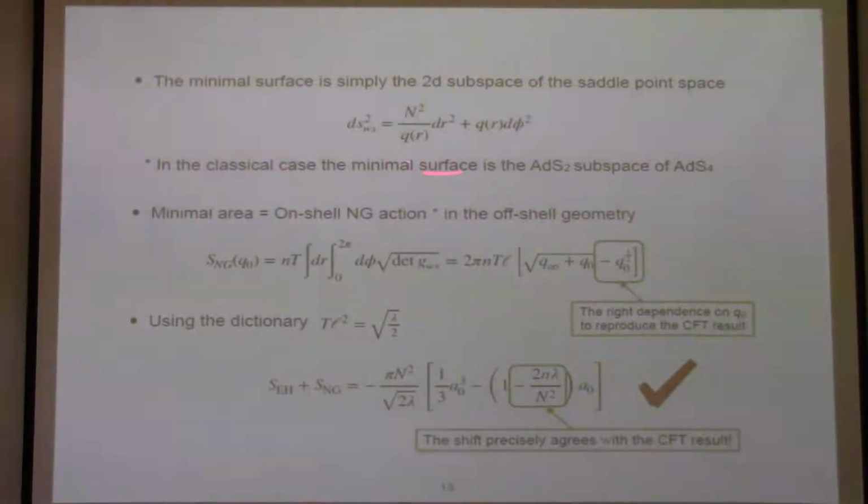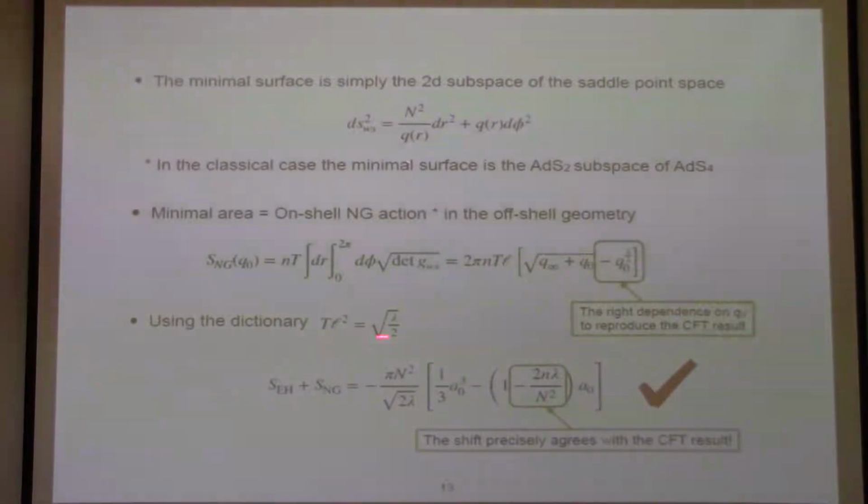And so now, given this minimal surface, we calculate the on-shell Nambu-Goto action in the off-shell geometry. And this is what we get. This is a divergent part, and this is a finite part. And what is important is this coefficient, and this comes out right.